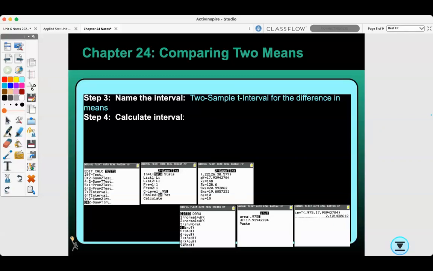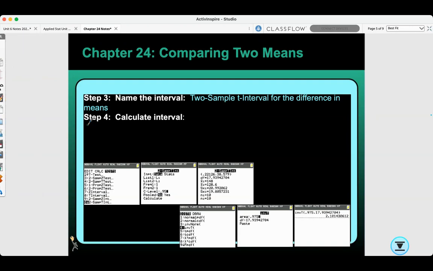So now, like I said, you need to name the interval. So it's a two sample t interval for the difference in means. And we need to also write the formula for that down and then plug all the information in we get from our calculator, and I'll talk about that in a minute. So let's go ahead and write our formula down.